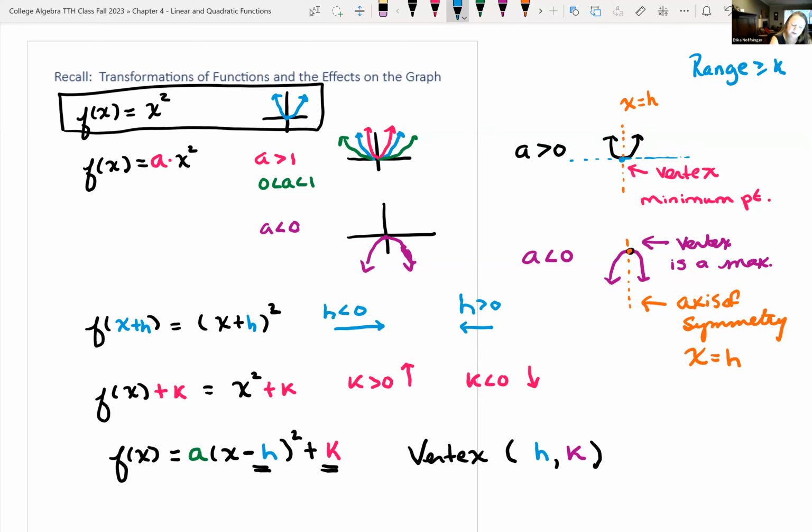Where if our parabola was facing downwards, the range in this case, this is really y is greater than or equal to k, is y is less than or equal to k.